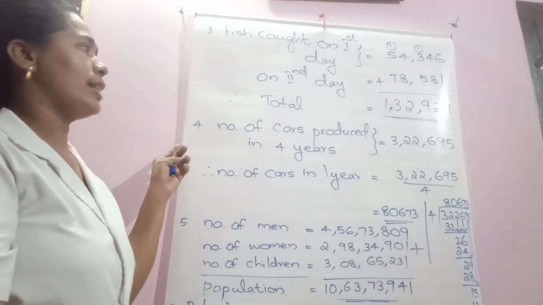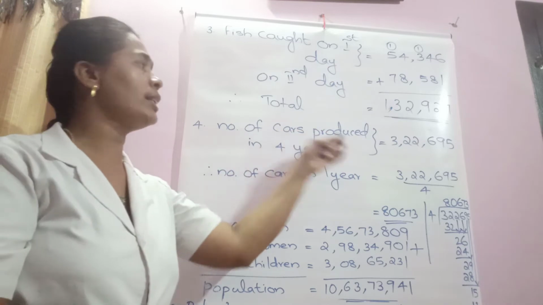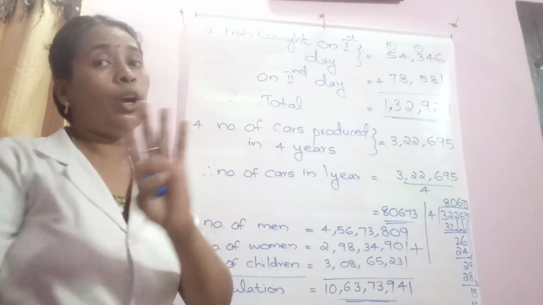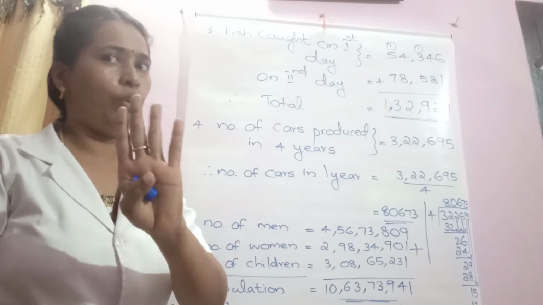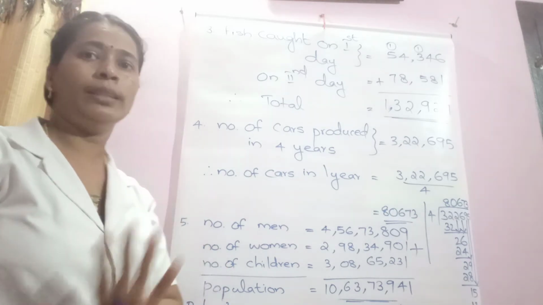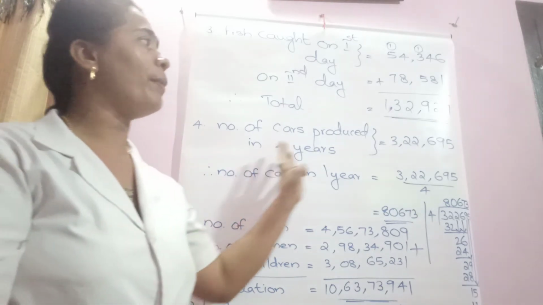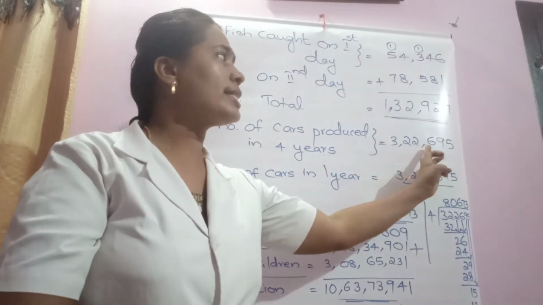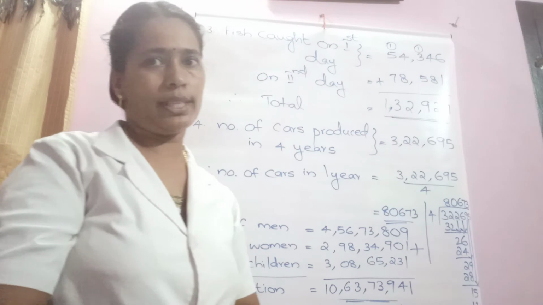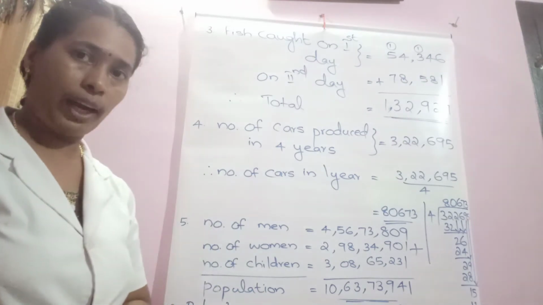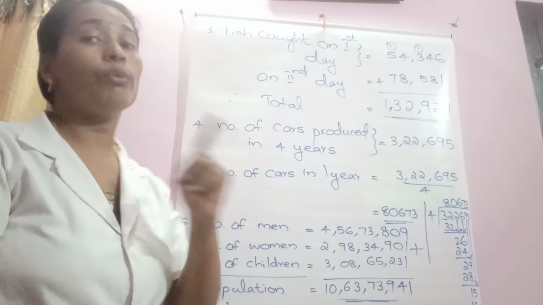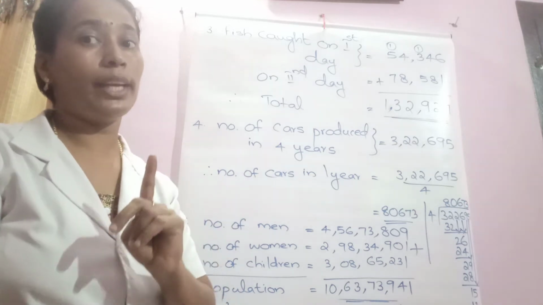In the fourth question, in a span of 4 years, a company produced 3,22,695 cars. Then they asked you to find the number of cars produced in 1 year.